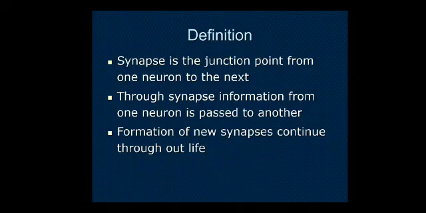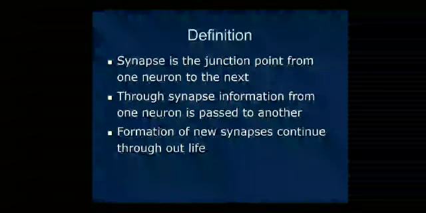The conduction of impulse from one neuron to another neuron occurs mainly through the synapse. So the synapse is the junction between the two neurons, and it connects the two neurons.